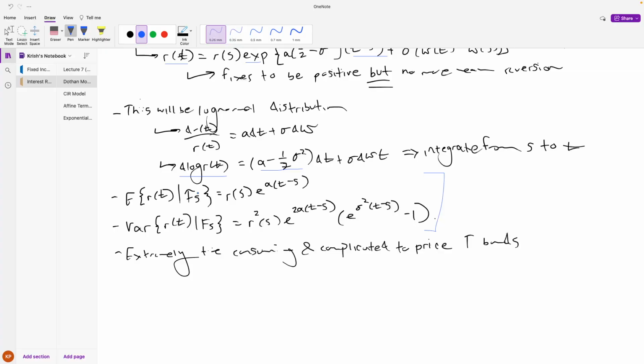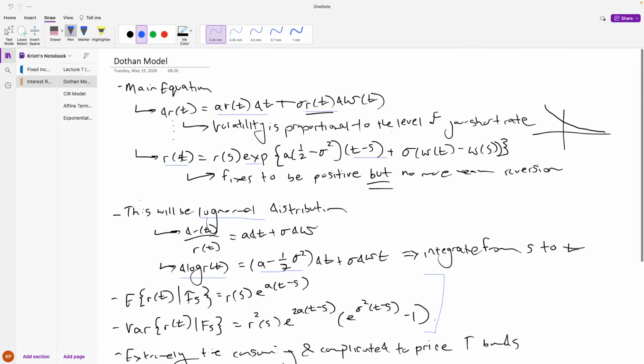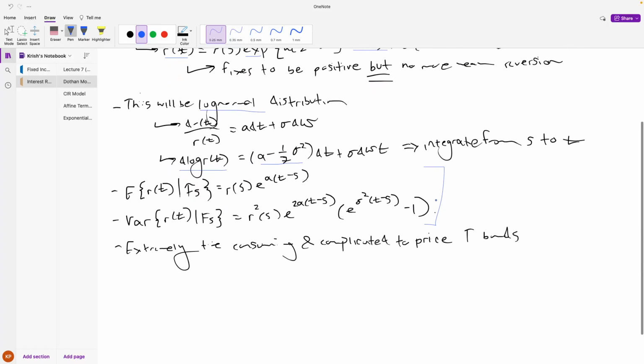In terms of the mean and variance, we see it right here, right? Pretty standard. It's close to the Vasicek model, but we got to keep in mind that even though the mean and variance is close, we still have that log normal distribution. We still do not get any mean reversion. The other issue with the Dothan model is that it is extremely time consuming and complicated to price T-bonds, right?